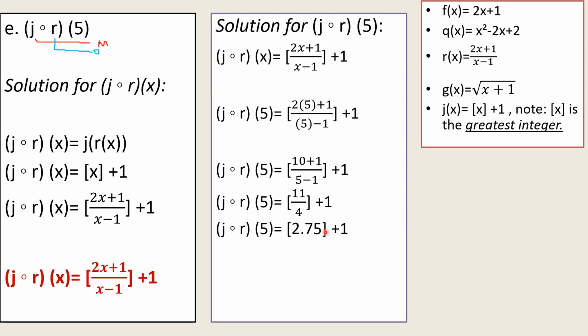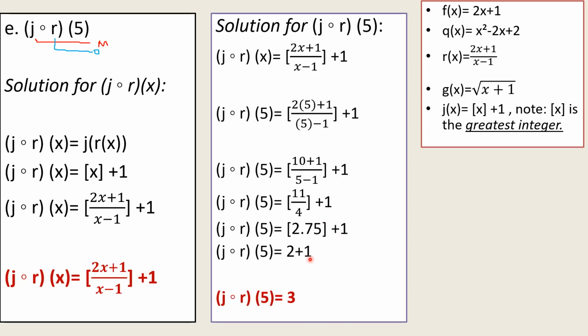Therefore, the value here would become what? Ayan. So, composition of J and R of 5 is equal to 2.75, magiging siyang 2 kasi yung greatest integer or whole number na pinakamataas na makuha natin sa 2.75 is only 2. Tapos, plus 1. Okay?